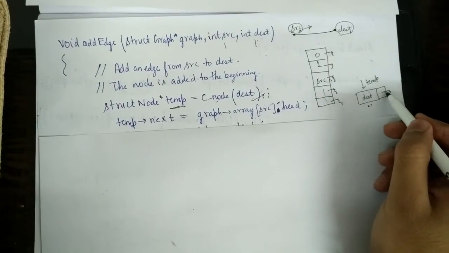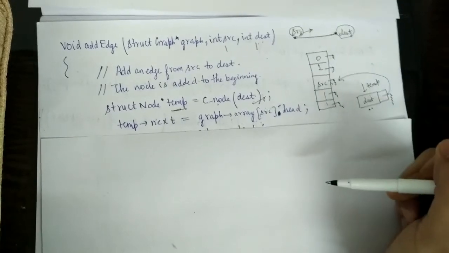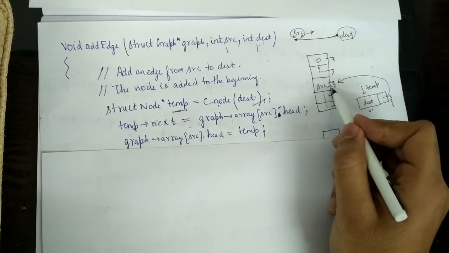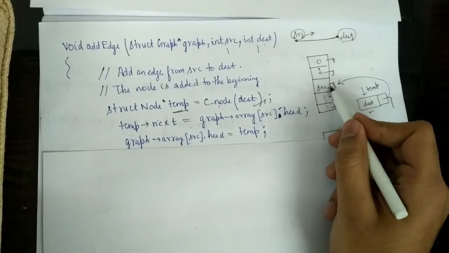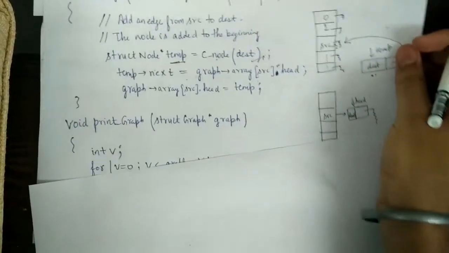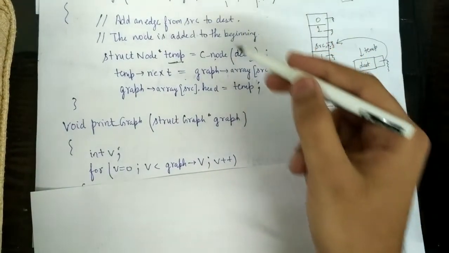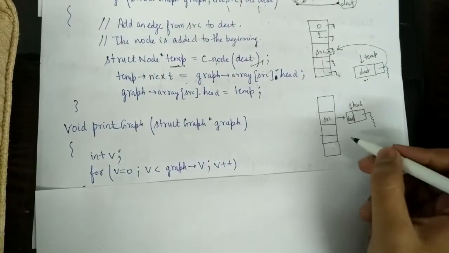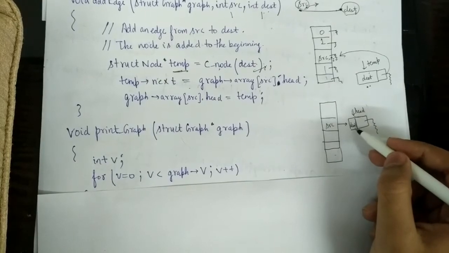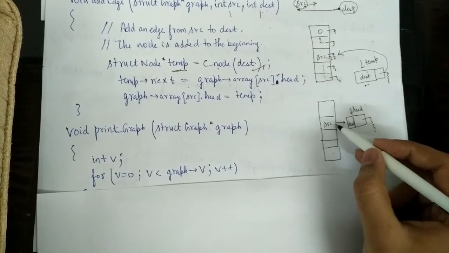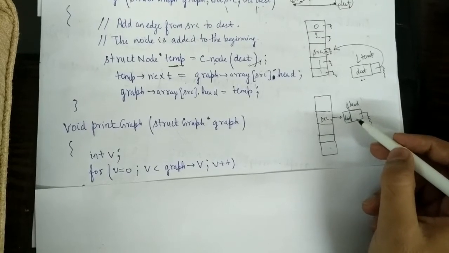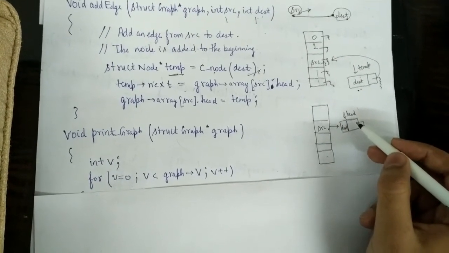So we would set its next to the source. This line would go to that array source head and attach temp next to it. So this would be this. Now our new head would become this. So after this function, this adjacency list representation would look like this. It would be a node corresponding to the dest data field. It would be attached to the source adjacency list, and the head of that adjacency list would be the node corresponding to dest. So this is how our add-edge function would work.